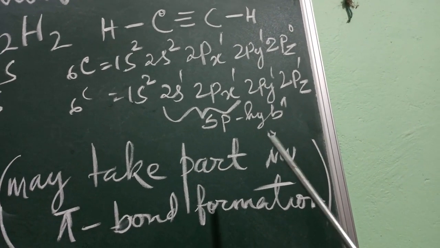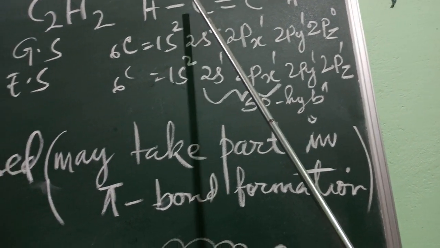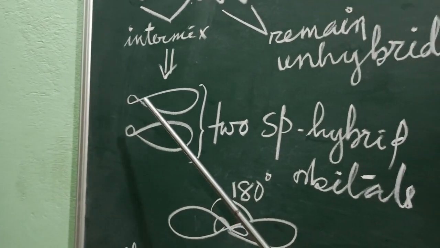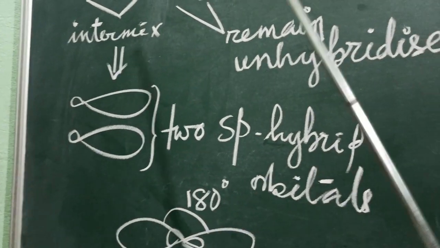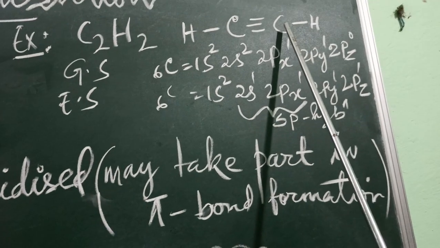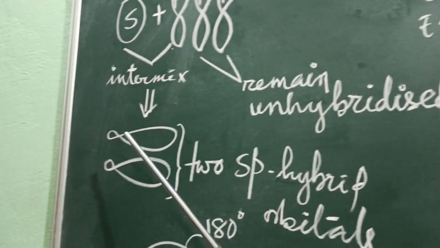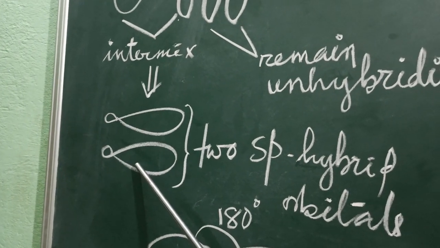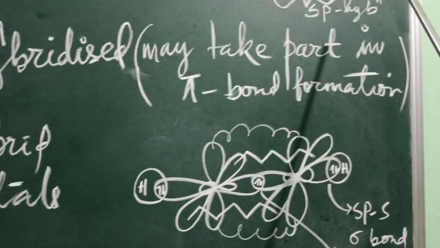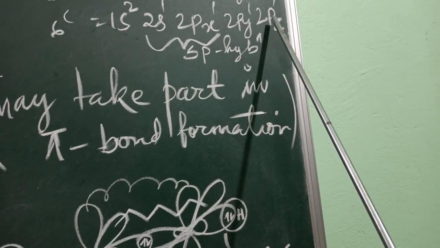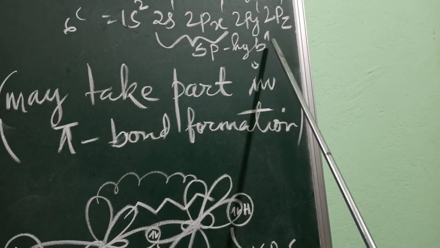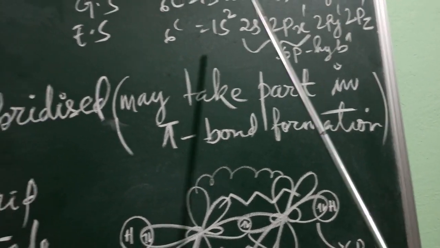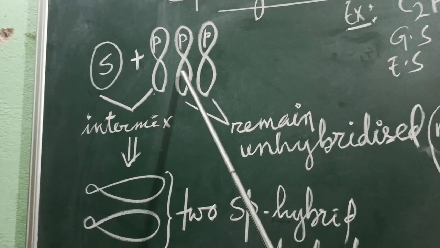So you see this carbon will have two sp hybrid orbitals, and this carbon also will have two sp hybrid orbitals. But these two p orbitals remain unhybridized, as I have shown here.